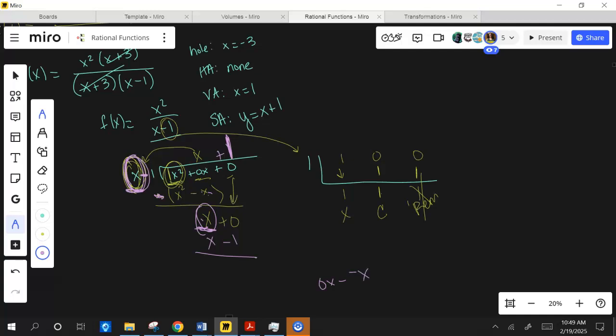It's negative because when you multiplied through here, this was minus 1. So it was x times x minus 1, which would be x squared minus x.